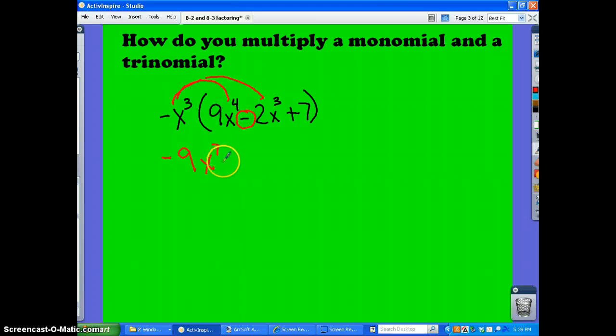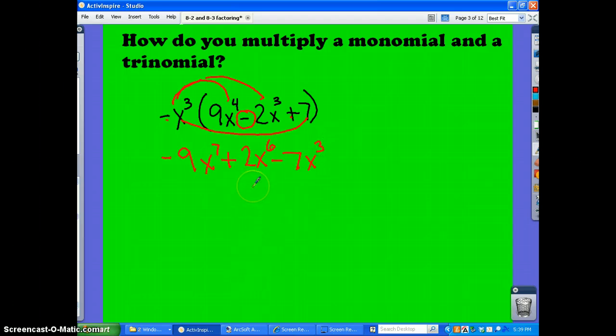You have two negatives, so it's going to be a positive, plus 2x, and you simply add the exponents, to the sixth. And then the last step, negative x times 7, so negative, positive, minus 7x cubed.